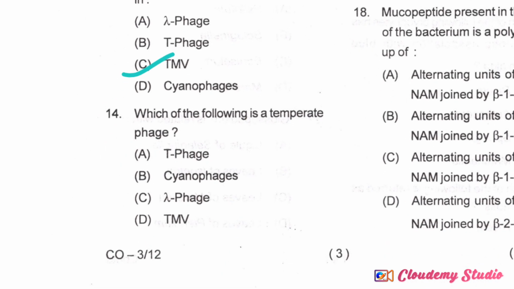Which of the following is a temperate phage? The answer is option C. Lambda phage is a temperate phage because lambda phage belongs to the lysogenic life cycle. The lysogenic life cycle is known as temperate phage and the lytic cycle is known as non-temperate phage.